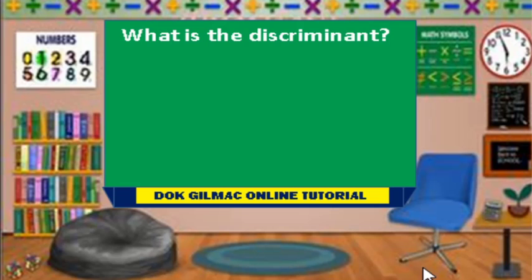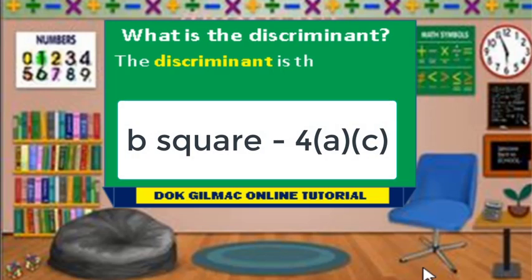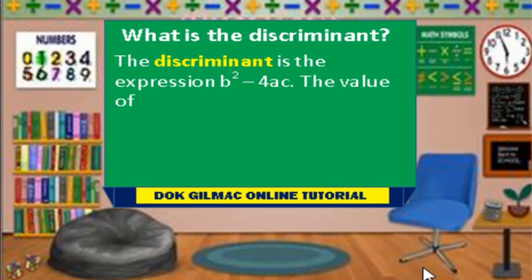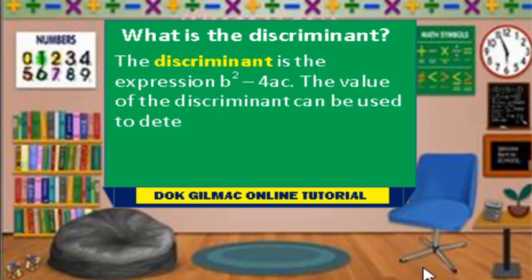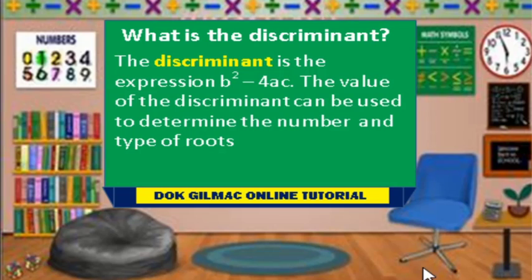What is the discriminant? The discriminant is the expression b squared minus 4ac. The value of the discriminant can be used to determine the number and type of roots of a quadratic equation.